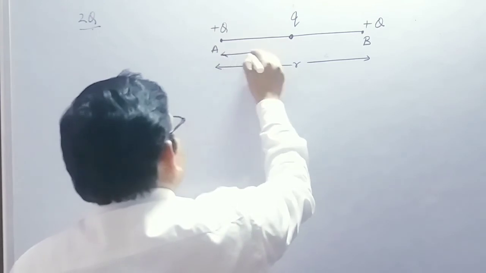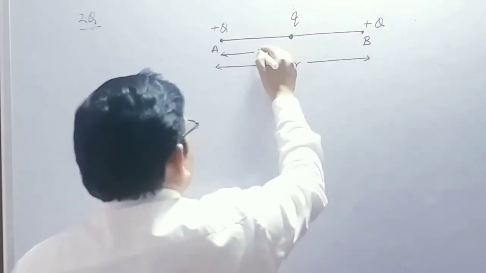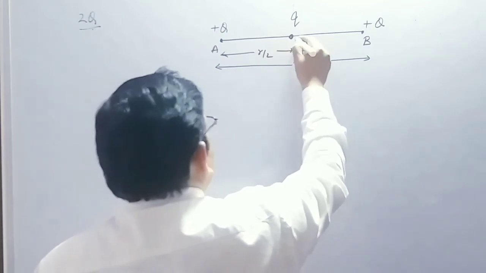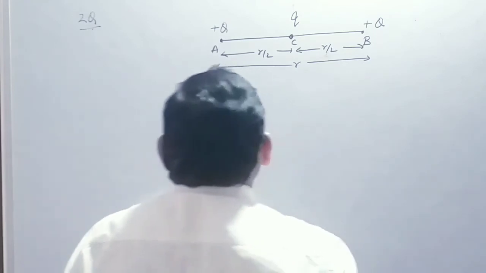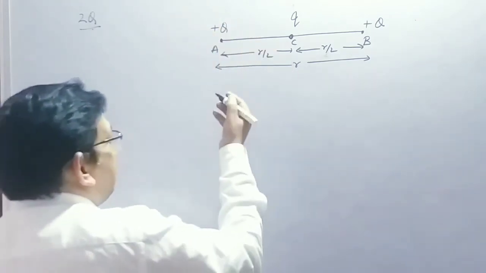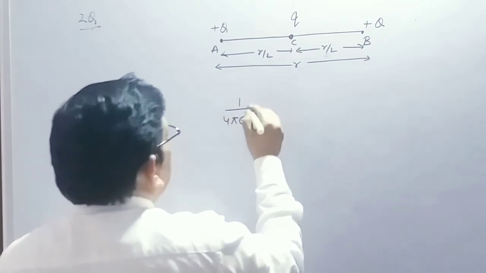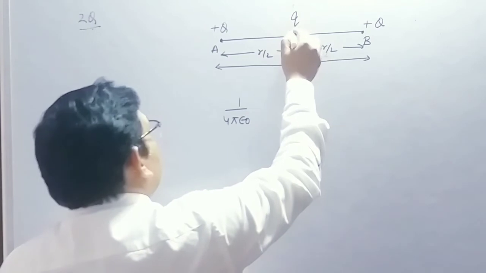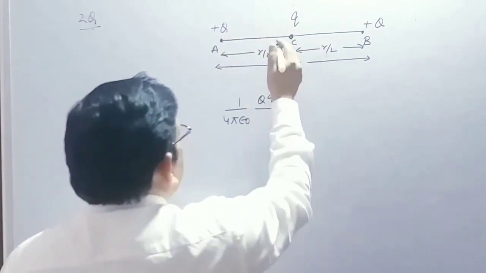So this distance is, and the magnitude of charge is the same, so this distance is also r by 2, and this distance is also r by 2. Let's apply the net force on charge A. So 1 by 4 pi epsilon, the force exerted by small q on q, what is the distance?